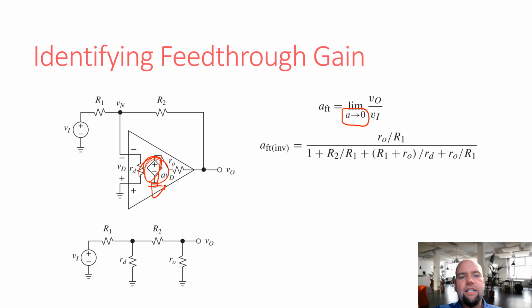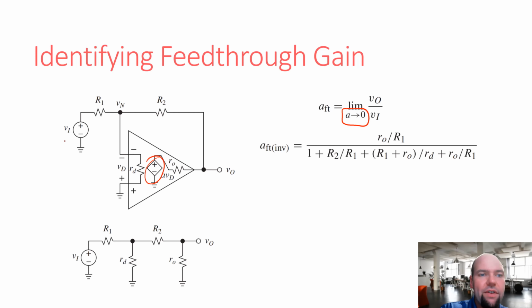Now keep in mind, as we identify feed-through gain, we are using a more complete model for the op-amp. We are now including output resistance and this input differential resistance. So, cleaning this up, if we want to identify feed-through gain, we essentially ground this internal amplifier, and then we just draw the network of resistors.